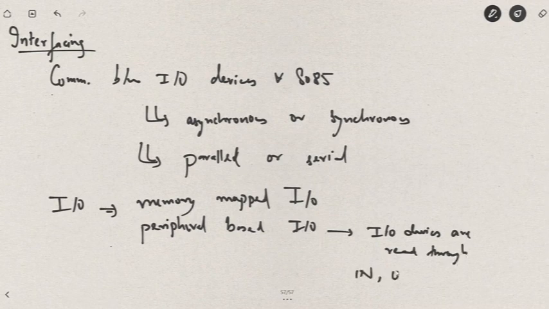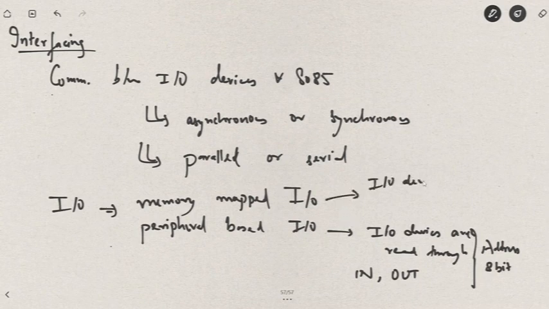We have studied the IN instruction, we have studied the OUT instruction. The address of such I/Os will be an 8-bit address, whereas in the case of memory mapped I/Os, the I/O devices are recognized or mapped through the memory of the microprocessor.